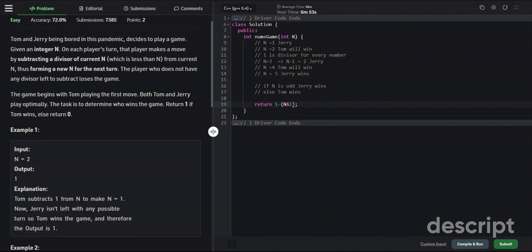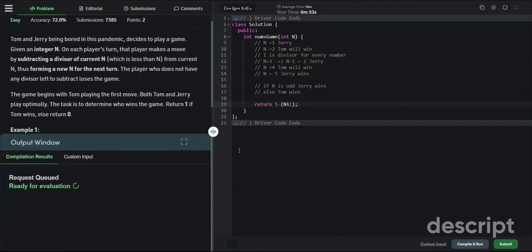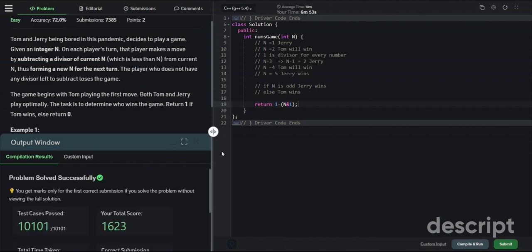If n and 1 is 0, then we are returning 1. If n and 1 is 1, we are returning 0. And that's exactly what we need to do. Now let's just submit this code. So it's working for all the test cases.